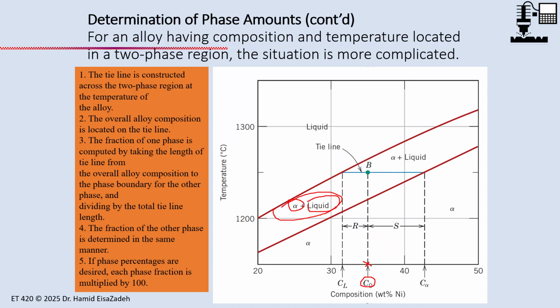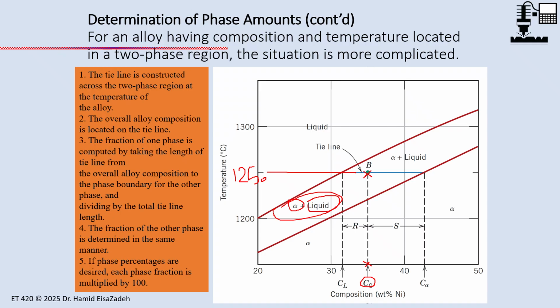And then the temperature also is given, 1250, and then you cross these two lines, and they cross each other at this point B. So we are in this two phases.